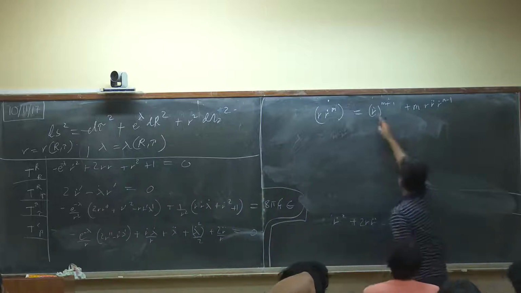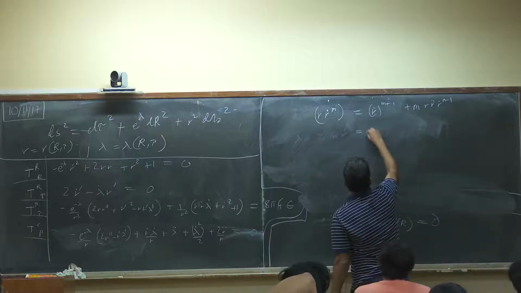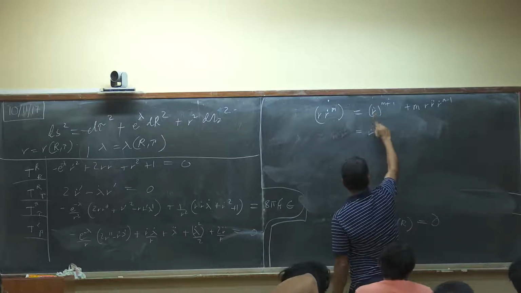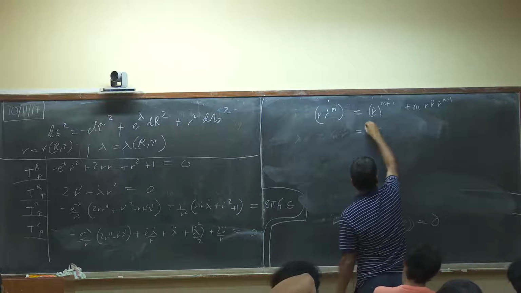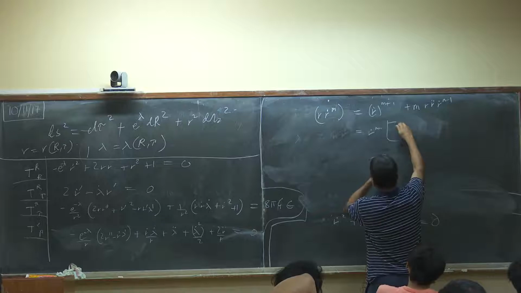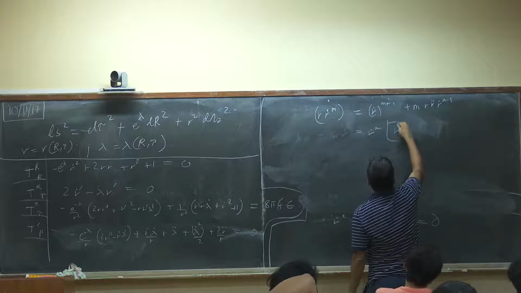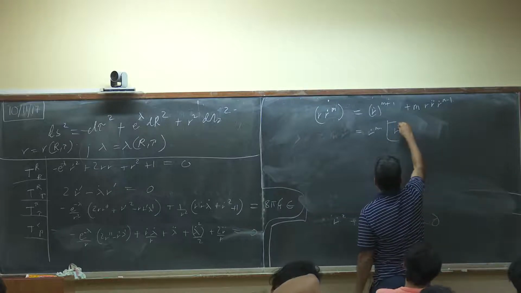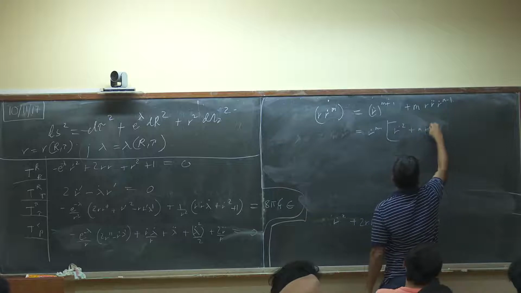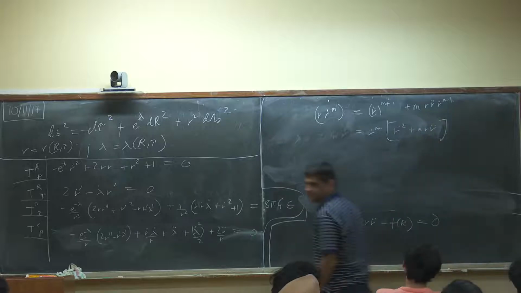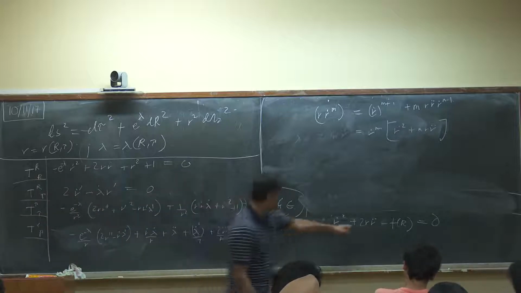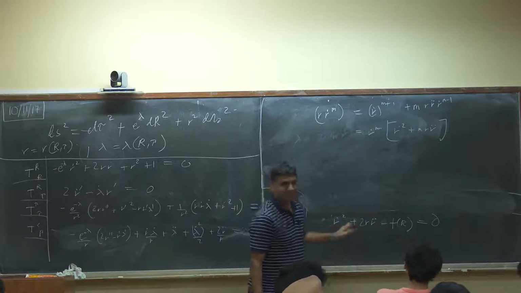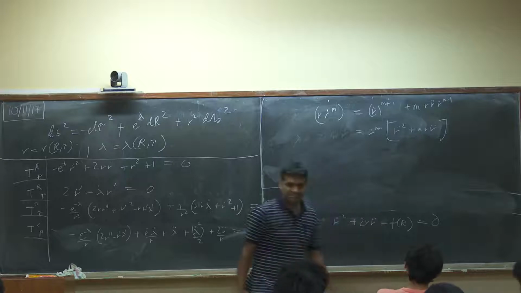So this is equal to r dot to the power m minus 1 into r dot squared plus m r double dot. The important thing is that this had the number 2, so we will choose m equals 2.